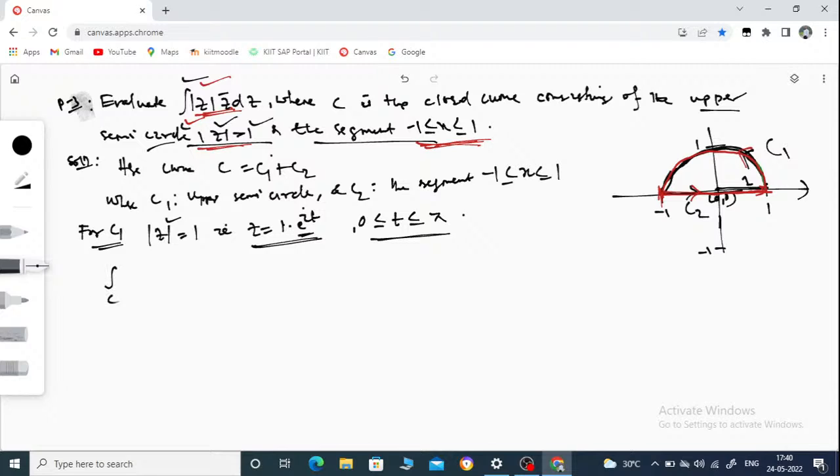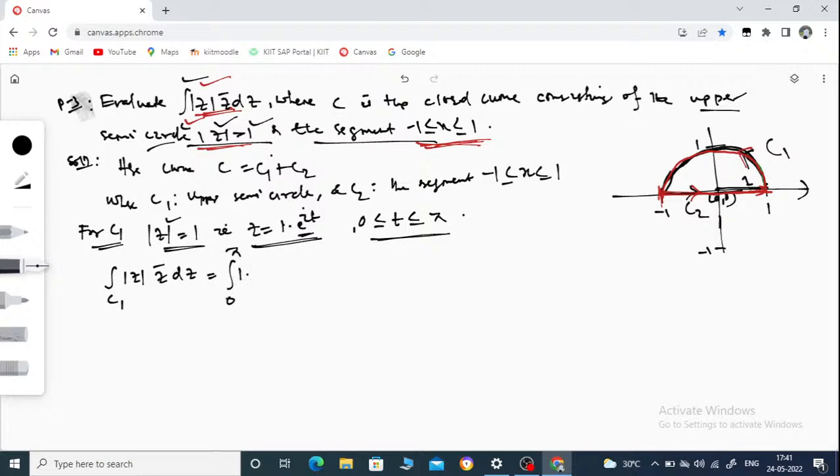So what will be the integration over C1 of mod z, z bar dz? If I convert this into terms of t, here t varies from 0 to pi, and what will be your mod z? Mod z is 1, it is saying already.